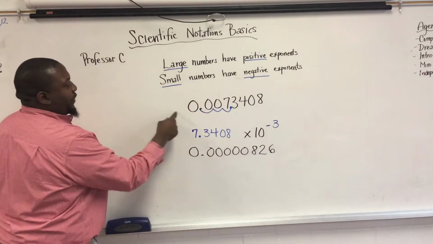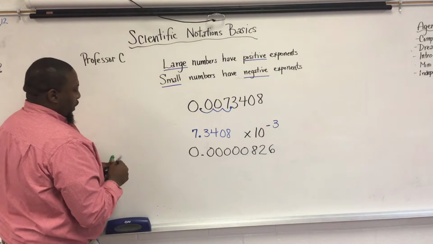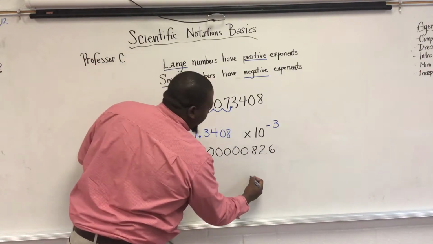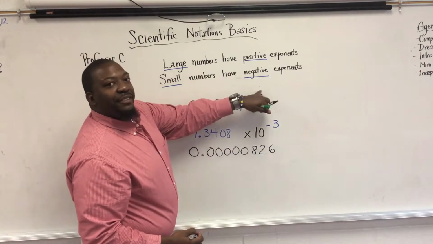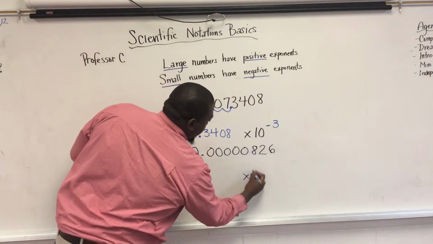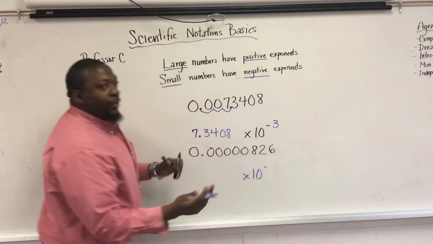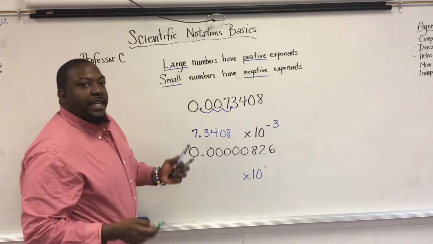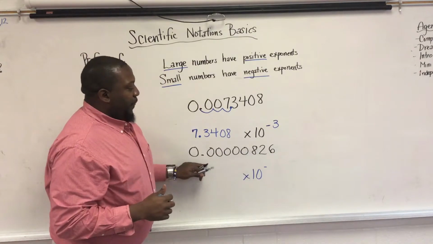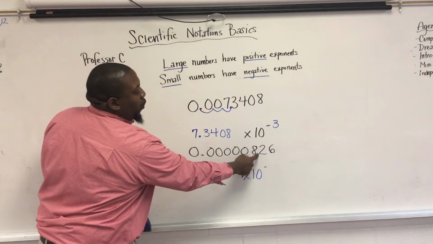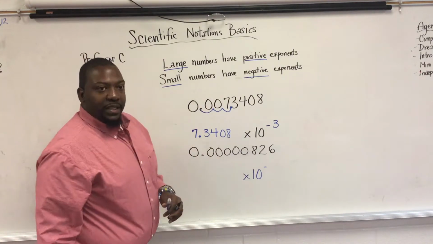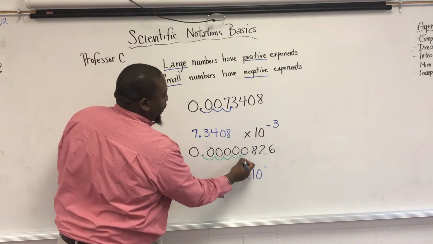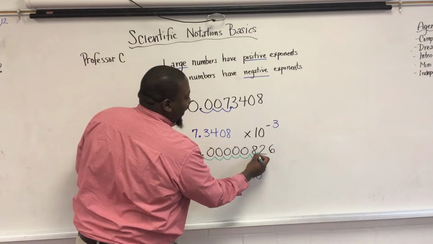Let's say I have this number. Again, a very small number means I have a what? Negative exponent. So I'm going to write that down. Now, let's count how many decimal places I need to move it in order to have one number in the ones place. 1, 2, 3, 4, 5, 6.